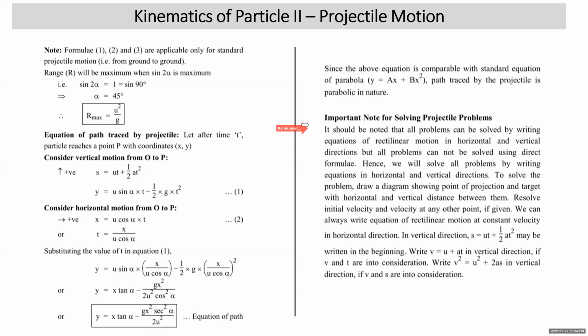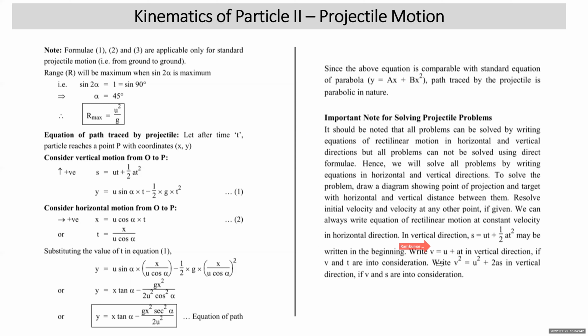In horizontal direction, you write the rectilinear motion at constant velocity. Horizontal displacement is horizontal component of velocity times time. In vertical direction, you can always write s is equal to ut plus half at square without any difficulty. It will not create any problem while solving the sum. But you should write v is equal to u plus at in vertical direction only when v and t are under consideration.